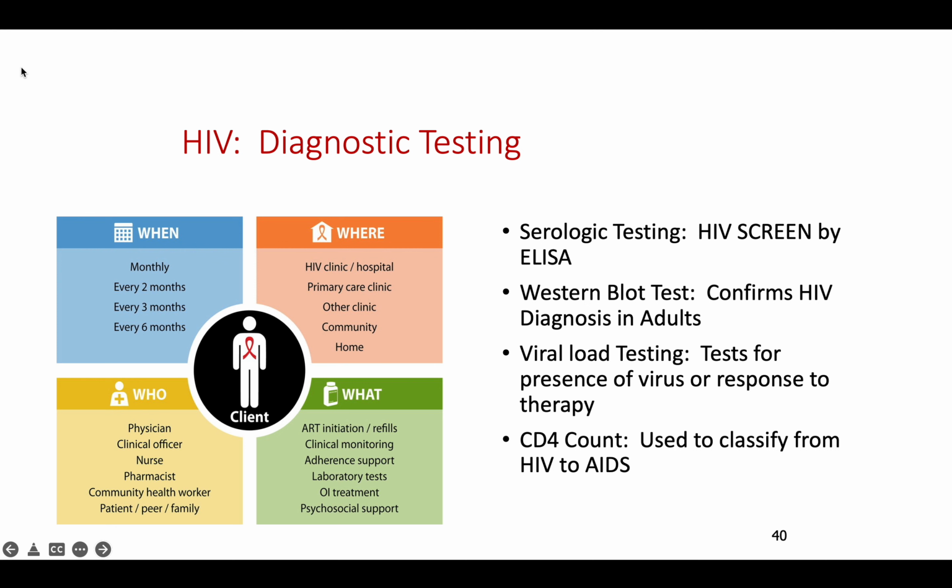So once we begin antiretroviral therapy, okay, which is started almost immediately after we confirm the diagnosis of HIV, okay, if the antiretroviral therapy is working, their viral load should decrease and their CD4 count or their T cells should increase, right? Because there's less of the virus that is taking away the T cells in the body.